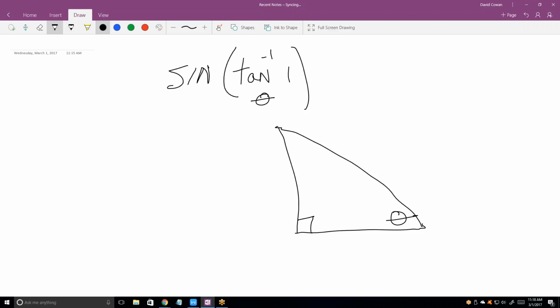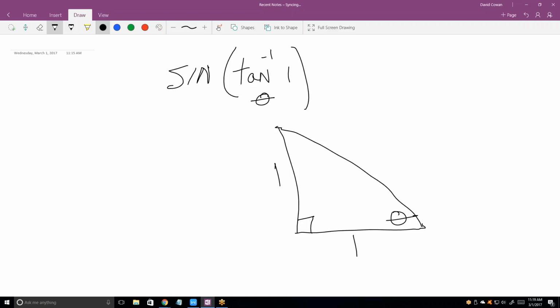And know that theta is this angle right here. Now, can you dimension any part of that triangle? If we know the tangent of that is 1, then what has to be true? Both sides have to be 1. That has to be 1, and that has to be 1, because the tangent is opposite over adjacent.